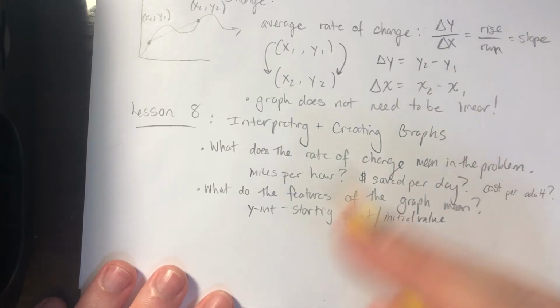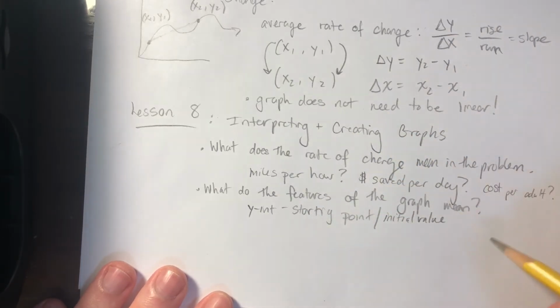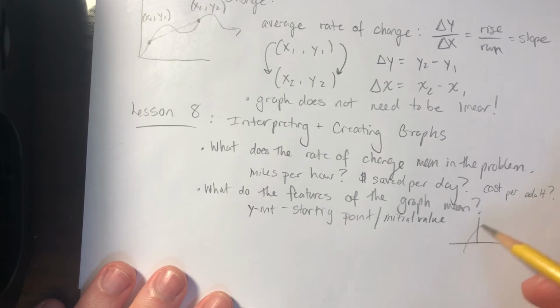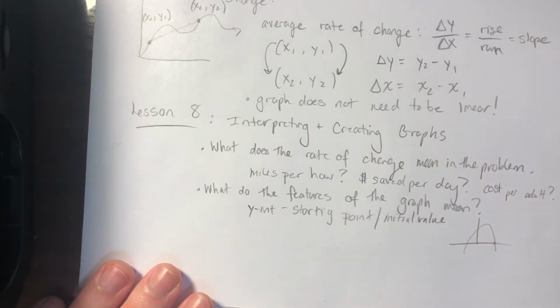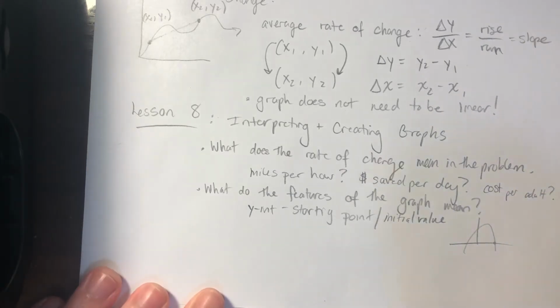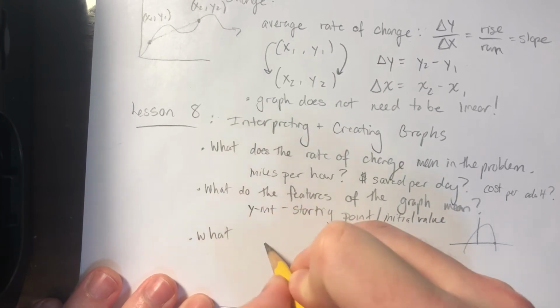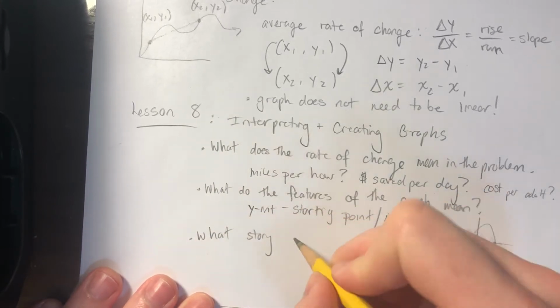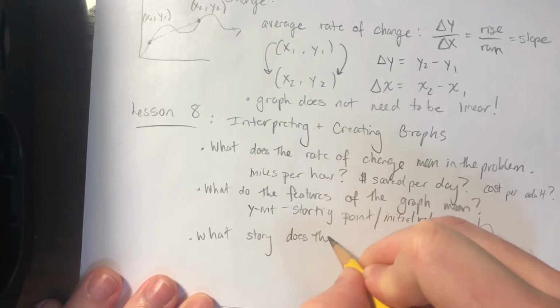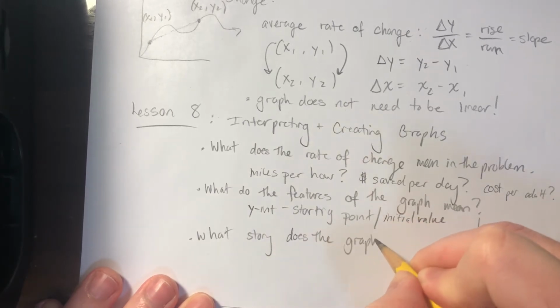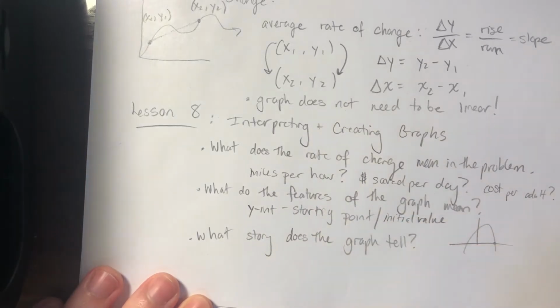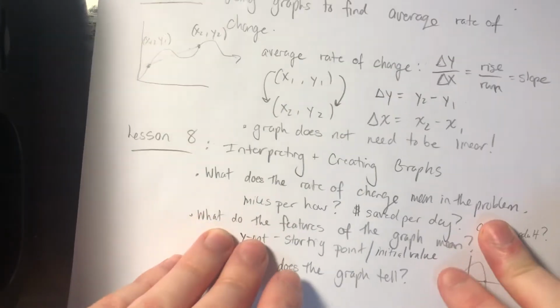The x-intercept, sometimes we talk about the x-intercept being, if we have a parabola, when is it going to hit the ground? That could be the meaning of the x-intercept. So you have to be able to sort of read a graph and explain it in words. So that's the last thing. What story does the graph tell? All right, so that's 6, 7, and 8.